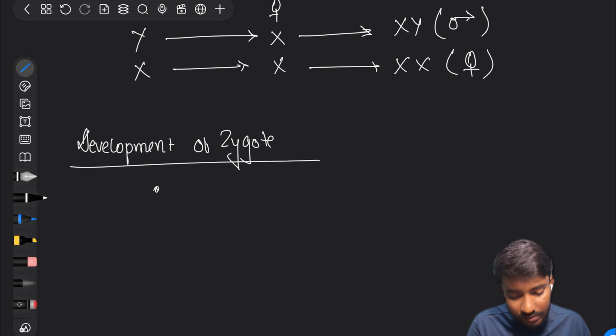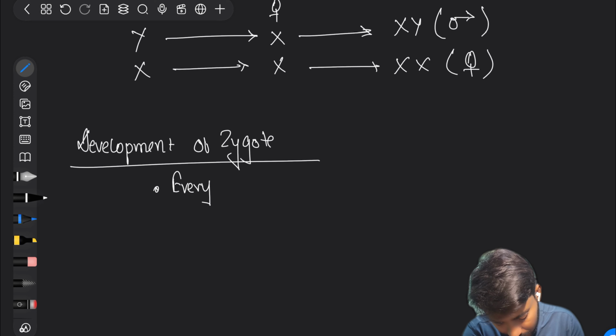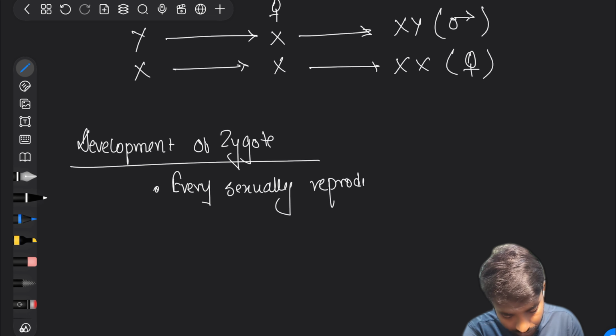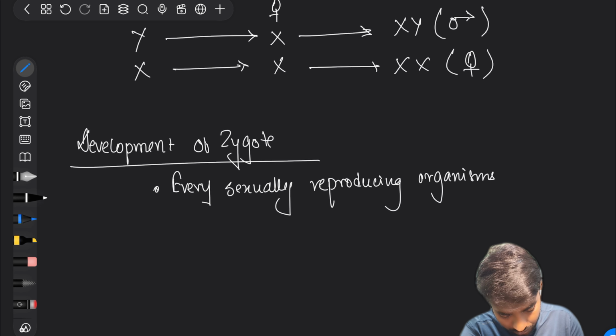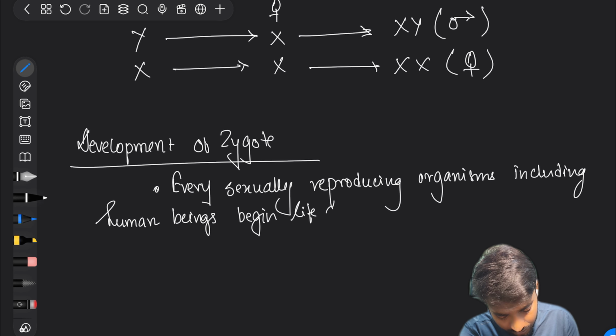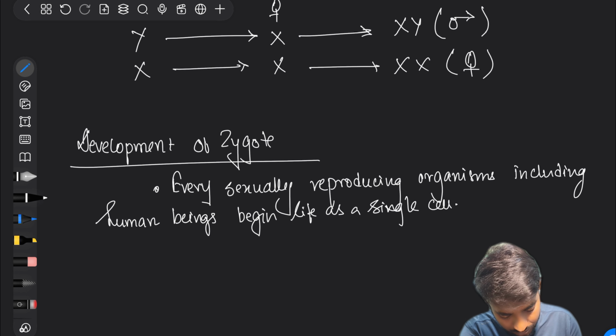Every sexually reproducing organism, including human beings, begins life as a single cell, that is the zygote.